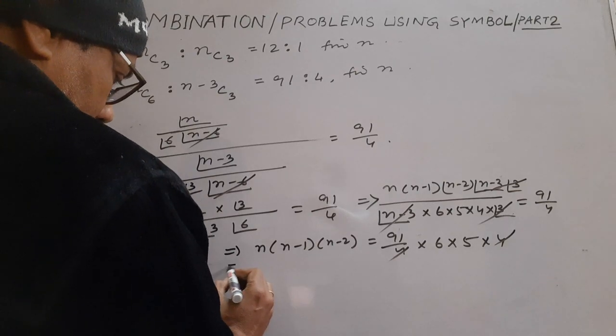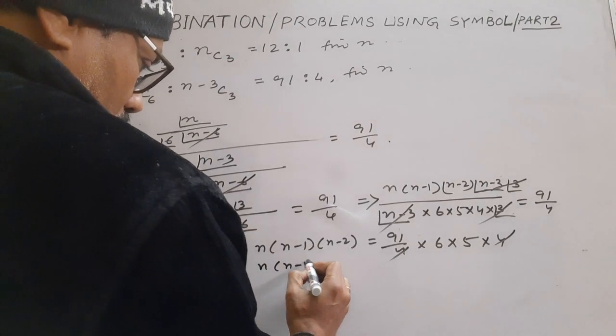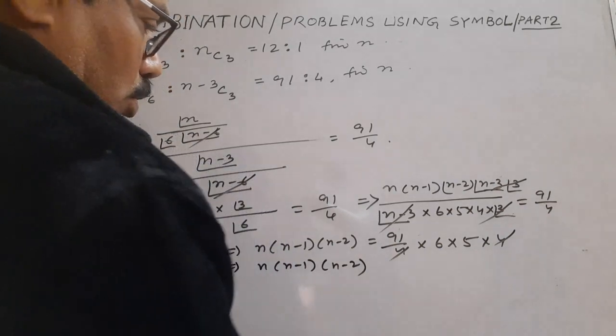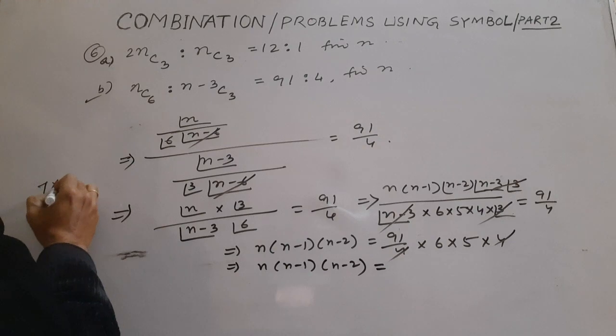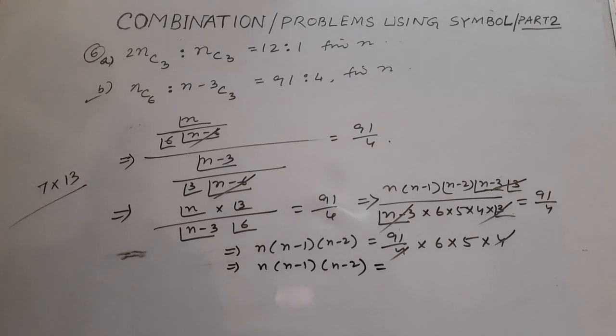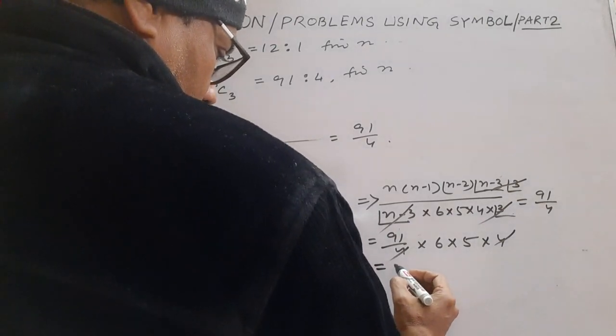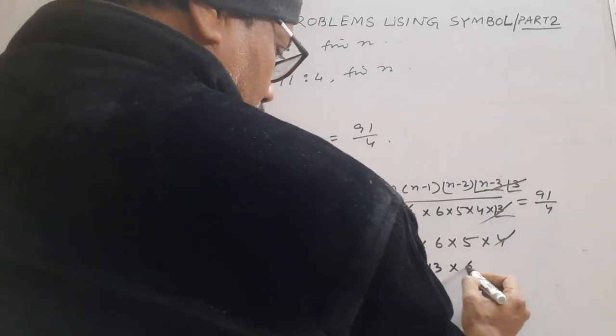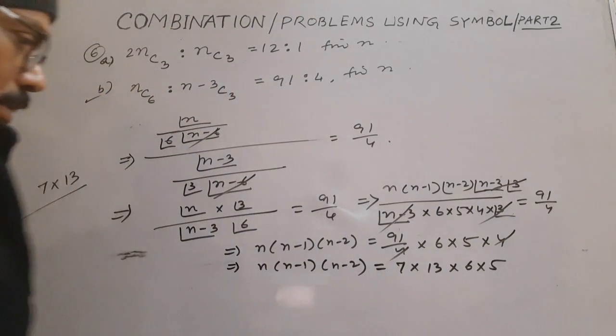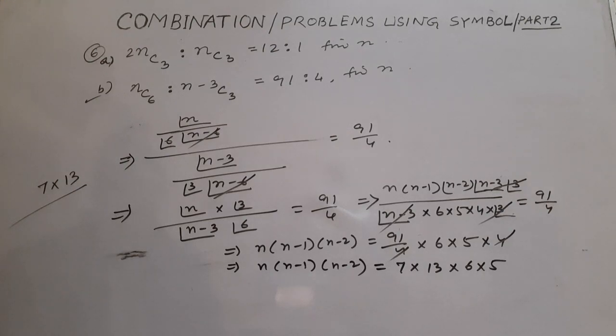So we are getting n into n minus 1 into n minus 2 equals 91 into 6 into 5. Now 91 is 7 into 13. So 7 into 13 into 6 into 5.